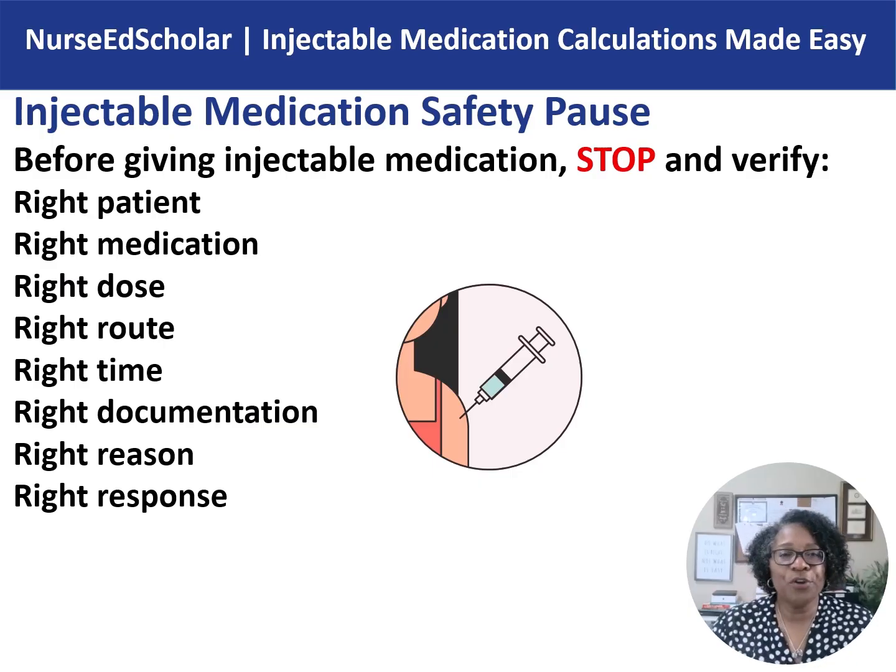So before you give an injectable medicine, you always want to make sure it's the right person, the right medication, the right dose, the right route, the right time. You documented it correctly. You're giving it for the right reason. When you evaluate them, did the patient give the right response?